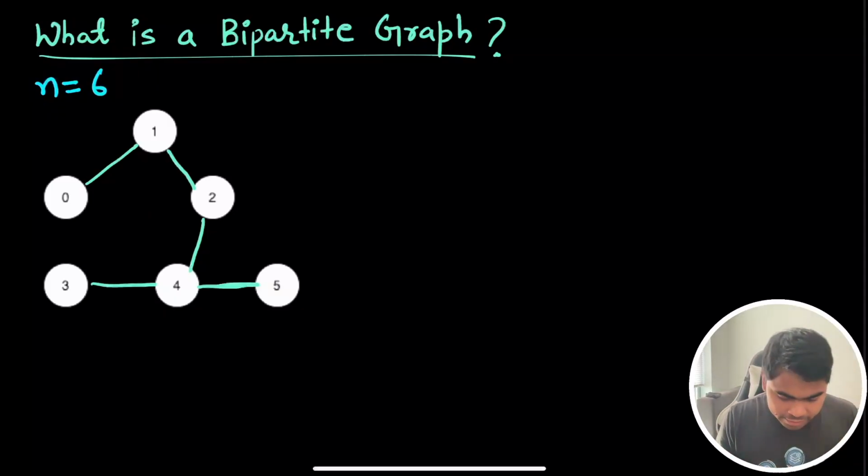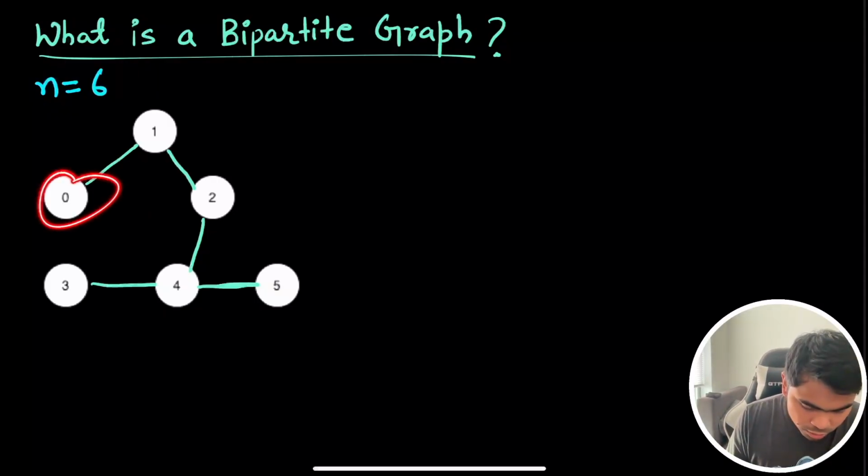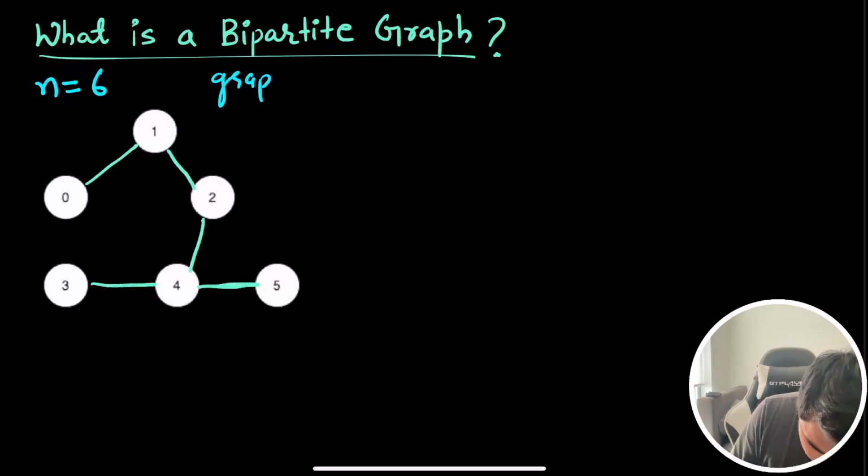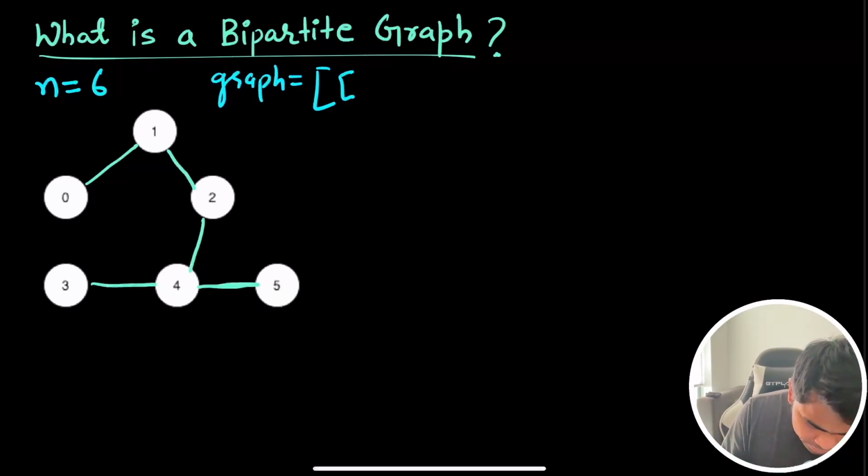So in this example that I have taken here, we have 6 nodes: 0, 1, 2, 3, 4, 5. And we can even write the graph for it. So 0 is connected to 1. 1 is connected to 0, and then 2.